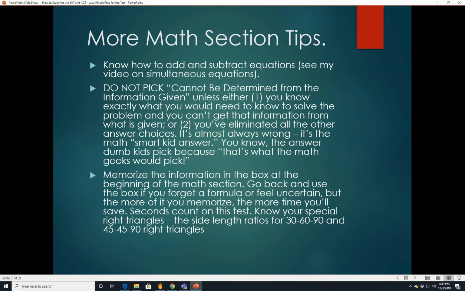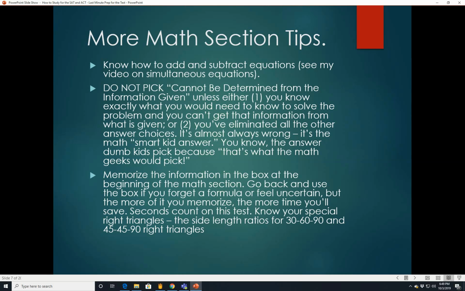It's the math smart kid answer. It's the answer that dumb kids pick because that's what the math geeks would pick, so they think, I'll be smart and pick that one too. Then they ask somebody who's actually good at math, who'll say, no, you can solve that problem. Sorry.